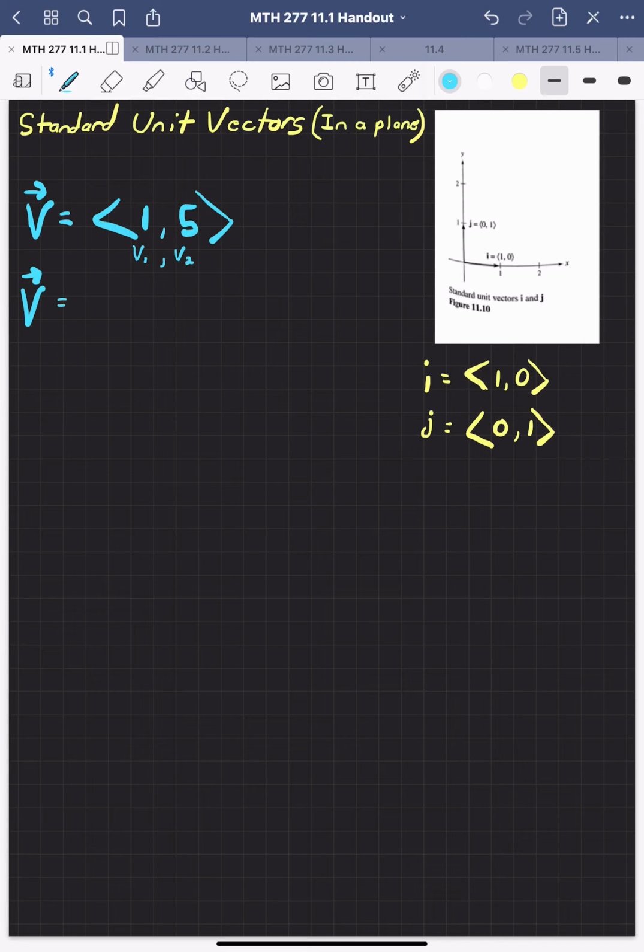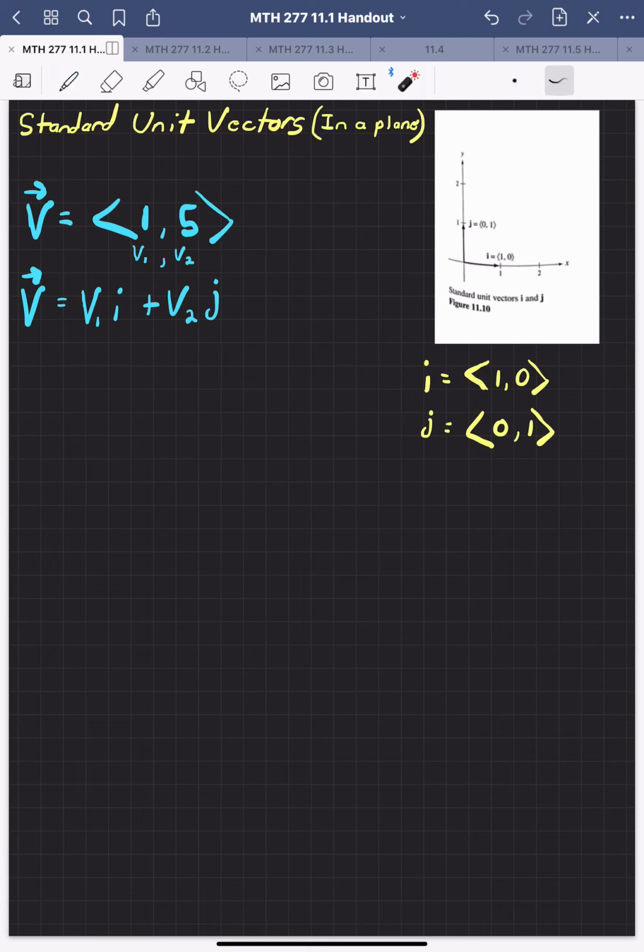Notice something: the ij notation looks like this. v sub 1 times i plus v sub 2 times j.